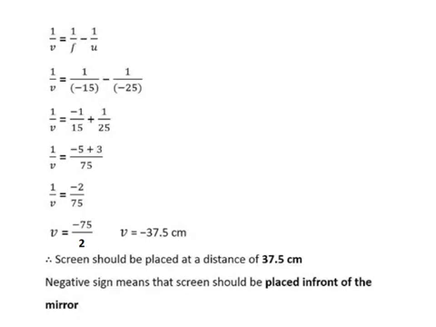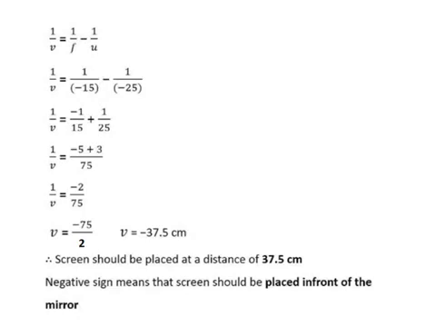When it is real, it must be inverted. And compare the size of the object and the image, whereby you will be able to find out whether it is enlarged or diminished. So the first answer is the screen should be placed at a distance of 37.5 centimeter. The negative sign means that the screen should be placed in front of the mirror.